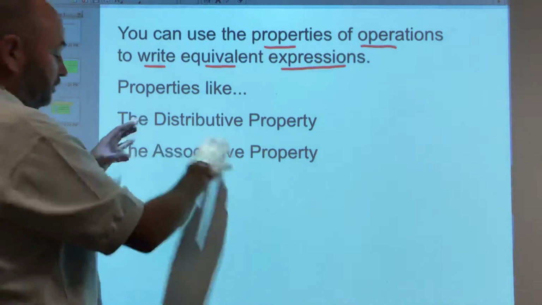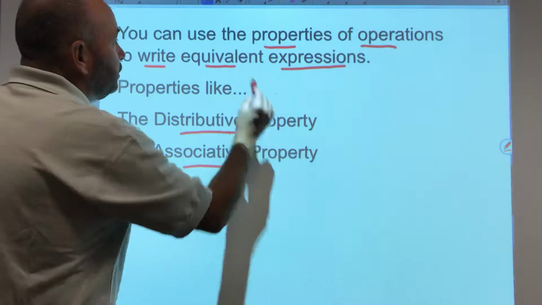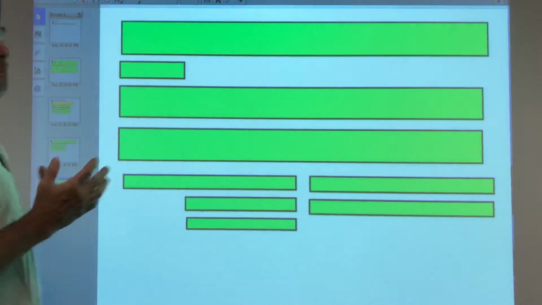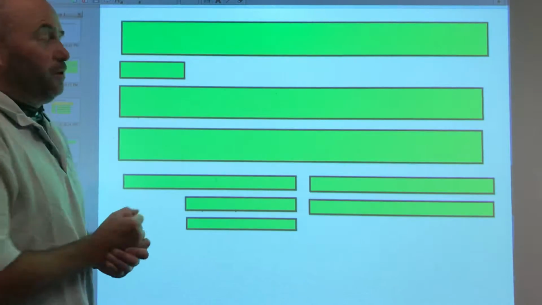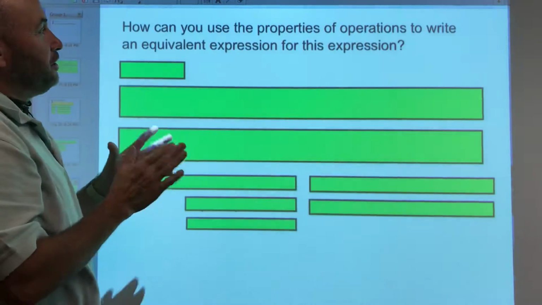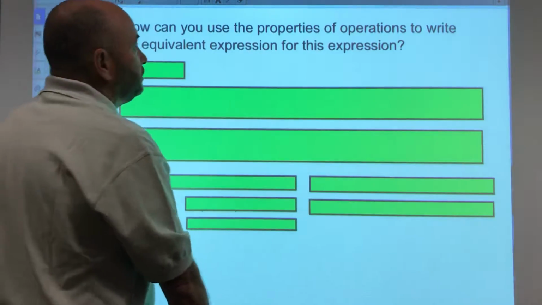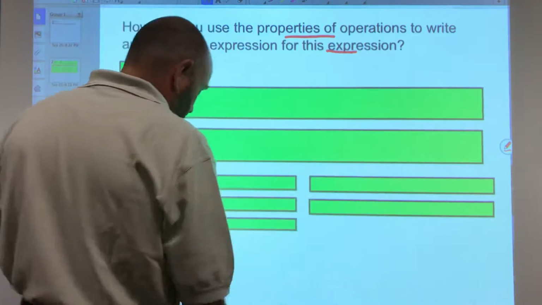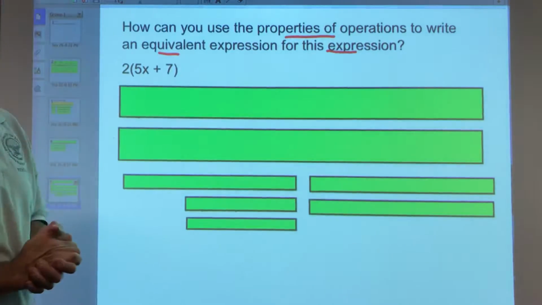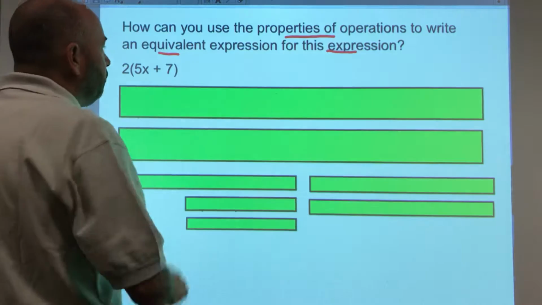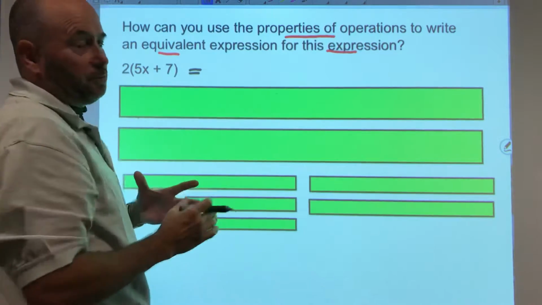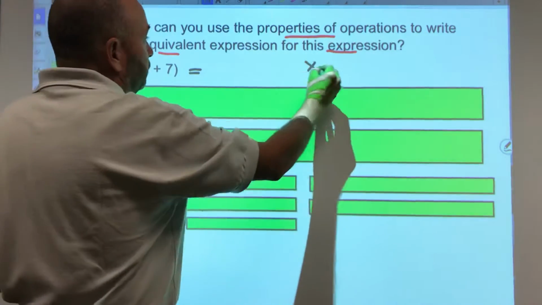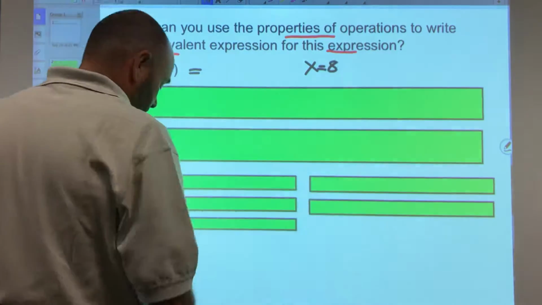Okay, so these are two properties that you could use to create equivalent expressions. Let's go over an example for you, okay? Now, how can you use the properties of operations to write an equivalent expression for this expression? So here's the expression. And what we want to do is create an equivalent expression that would give us the same value if we plugged in a value for x, whatever it might be, okay?